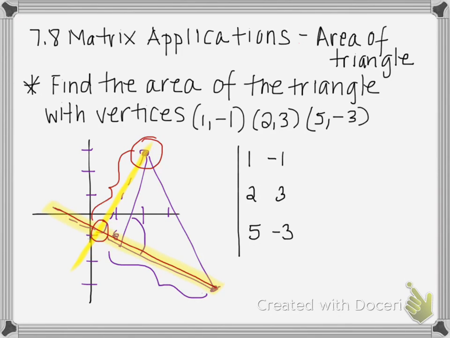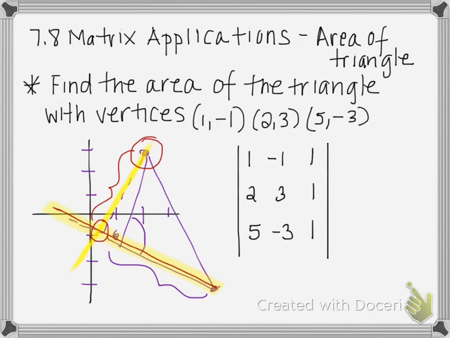So I said a 3x3 though, so this third column is going to be ones. It's always ones when we're doing this application. Now you can see that I've set this up. It is the determinant of a matrix that we are going to find.